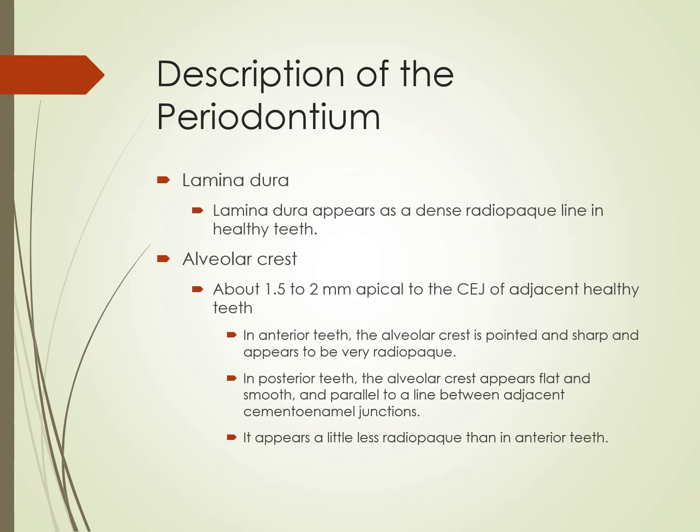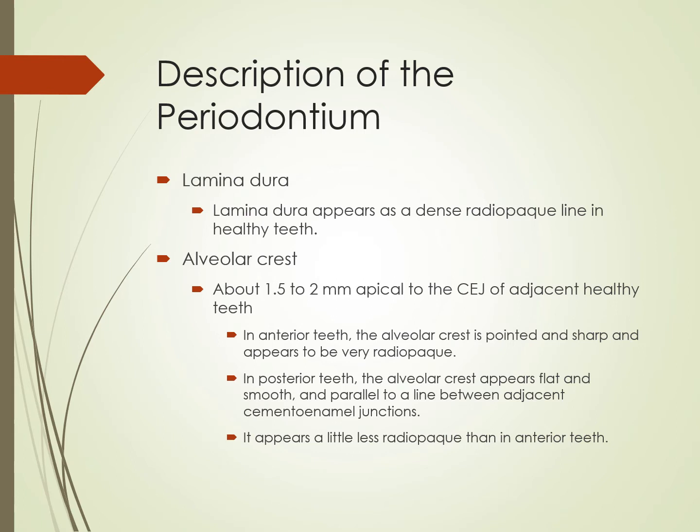The disease is when we start to lose that bone. Periodontium refers to the tissues that surround and support those teeth. We can see lamina dura on figures 34-1 on page 414, figure 34-2, and 34-3 as well. Those are all three examples of what healthy periodontium looks like.